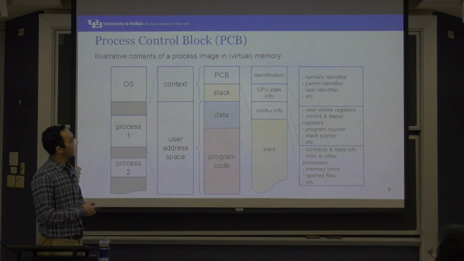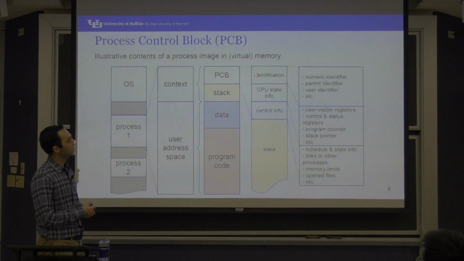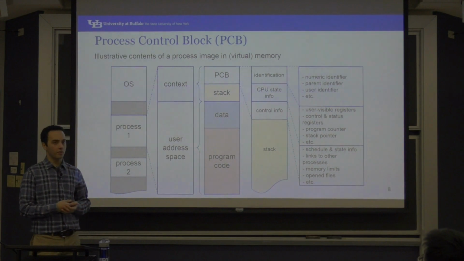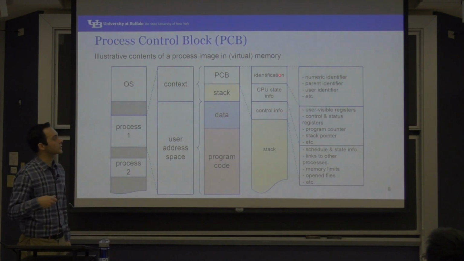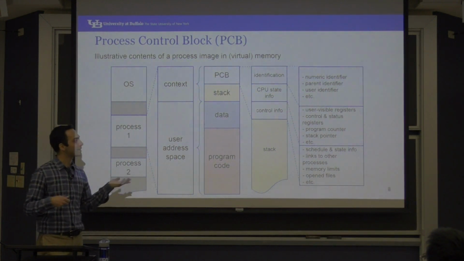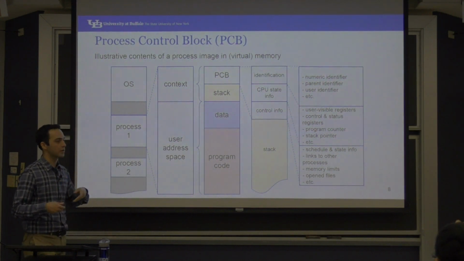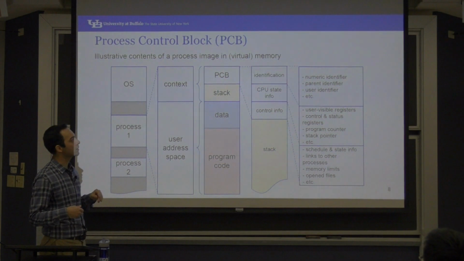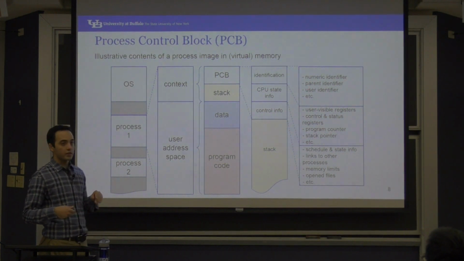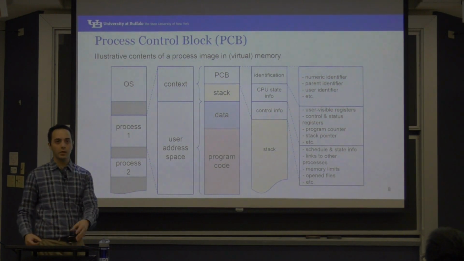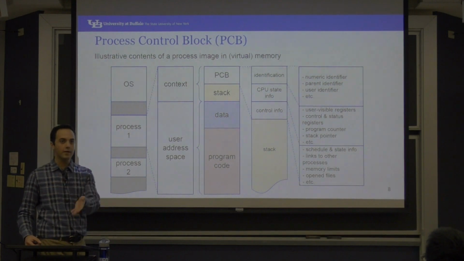Now the process control block holds information such as the identification of the process, CPU state info of the process, and control info. Identification is: what process is this? It has an identifier, which is usually a unique number, like process number 1048. A parent identifier: who is the parent of this process, which process made this process?